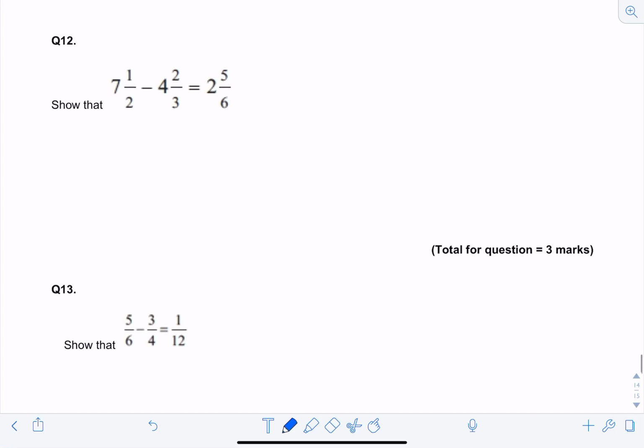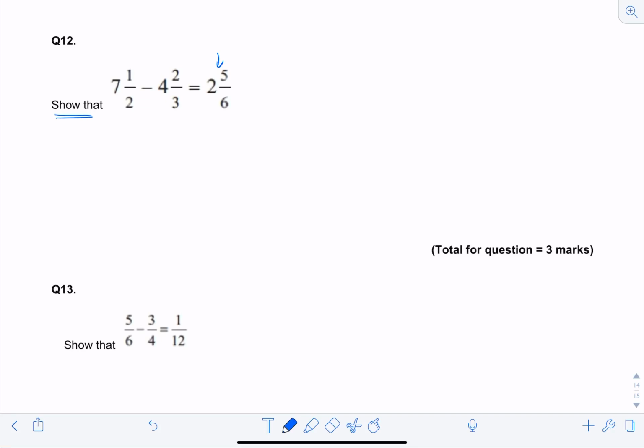Question 12. Okay. Now, here it says show that. So you can't just work it out on your calculator because we've already got the answer. So what we need to do is convert these to regular fractions, so not mixed fractions. We're going to convert them to vulgar fractions, which is basically a fraction where the numerator is bigger than the denominator.